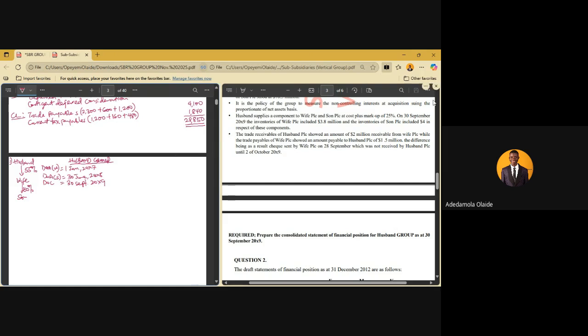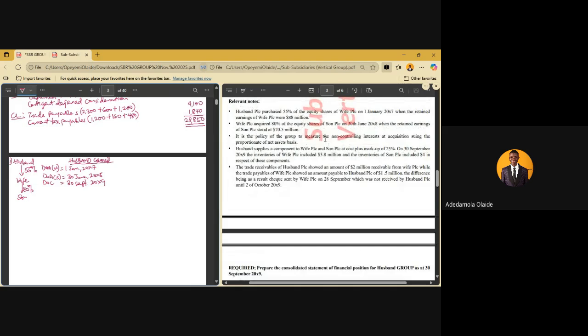Then we have note 2, the effective interest in Son PLC. What is the effective interest? It will be 55% multiplied by 80%.